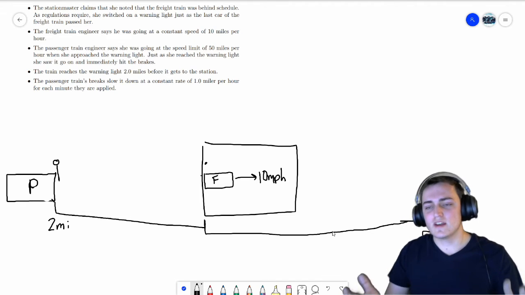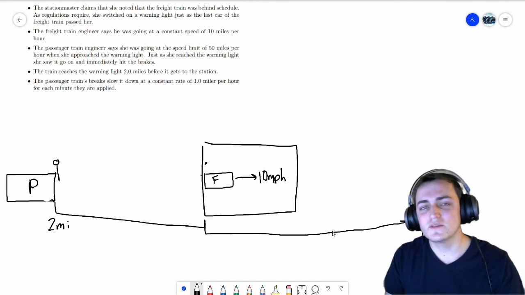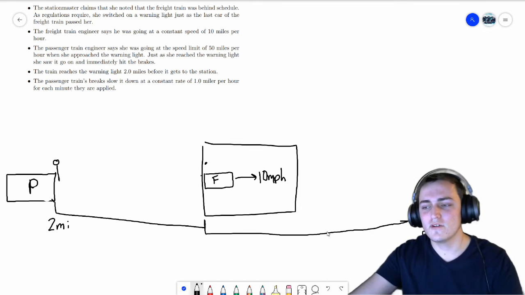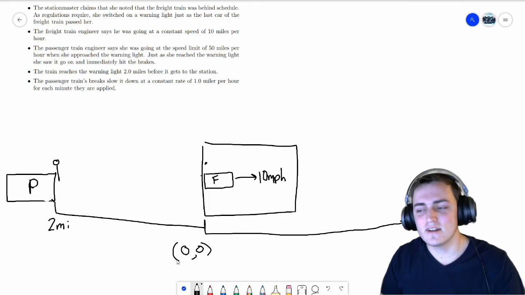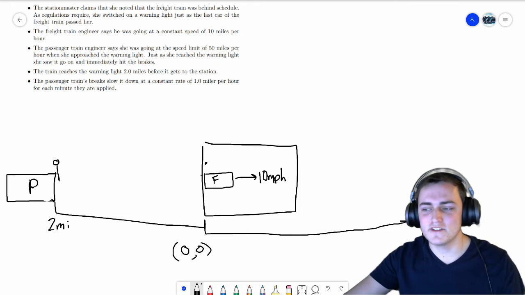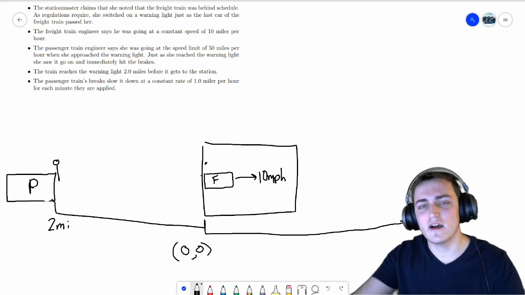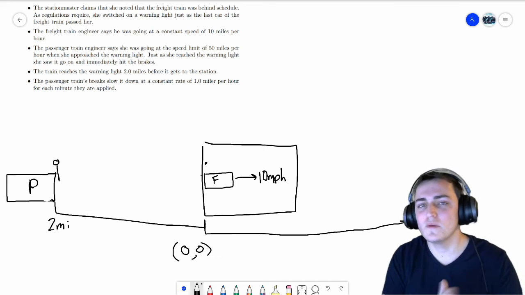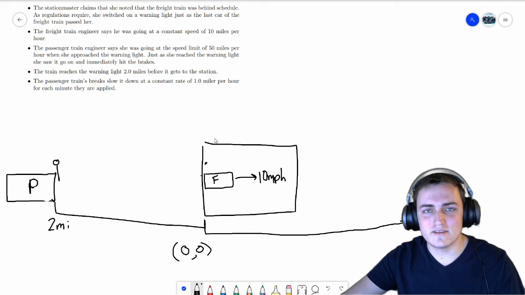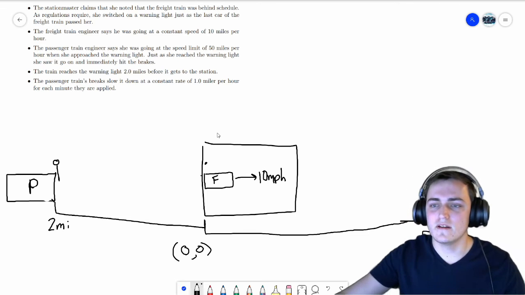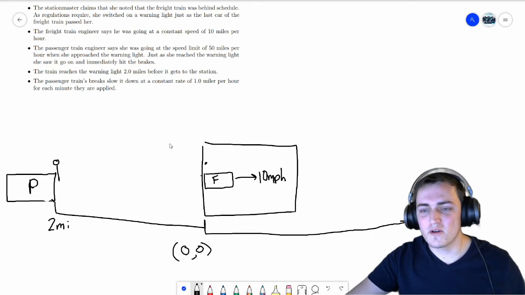And that is just because at the instant the problem starts, this is our situation, and we have an origin, 0, 0. And a lot of this data is typically just going to be given to you as relative to the origin. 0.5 miles past that point, 2 miles before that point. And so you're not really going to have to assume the length of the station. That's never really going to happen. So we can only really work with what we know. We also know passenger train said she was going 50 miles per hour.